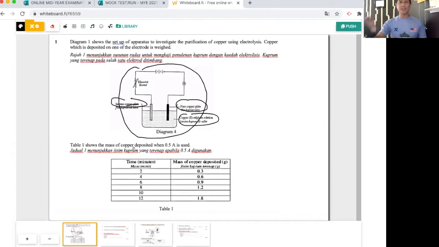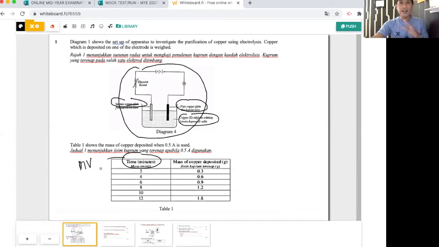Now this is where identification of variables comes in. For science, it's so easy to identify variables if you already have a table, a data tabulation like this, a table that gives you the data of the experiment. Because in science, the rule for presenting your data in the form of a table is that the column on your left will always be for your manipulated variable.